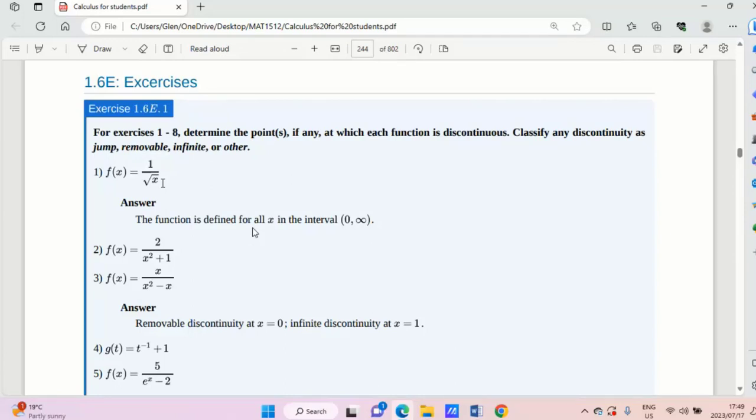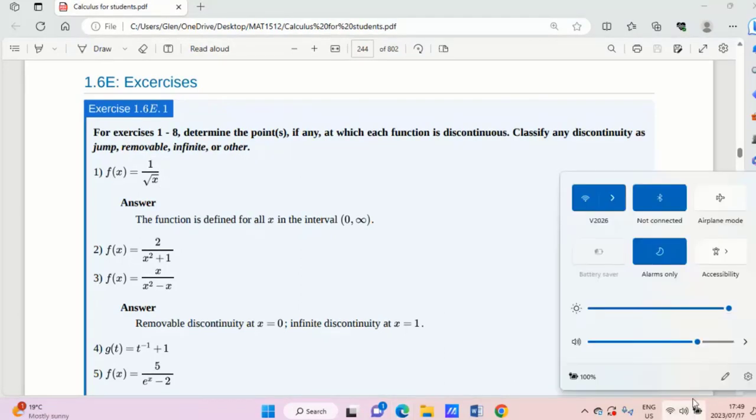I'm listening. Okay, I was saying I had Abdul explaining, then it made sense to me. Then I came up with the conclusion that function of x is equal to 2 over x squared plus 1 is continuous for all real values of x. It does not have any points of discontinuity. So I used that or other there.